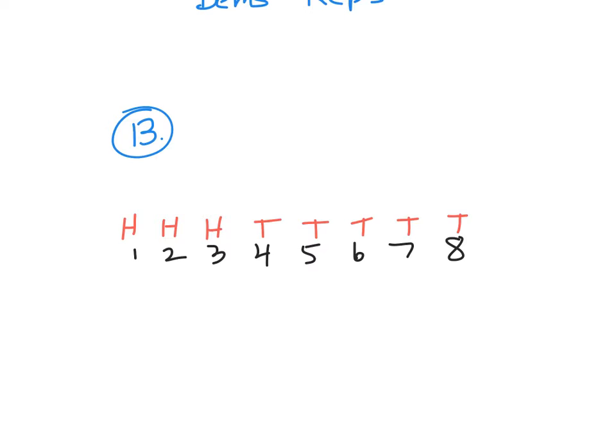In other words, tosses 1, 2, and 3 would be heads. Or I could get heads on the first 2 and then heads on the 4th, and the rest of those could be tails. That'd be a case where 1, 2, and 4 would be the option.